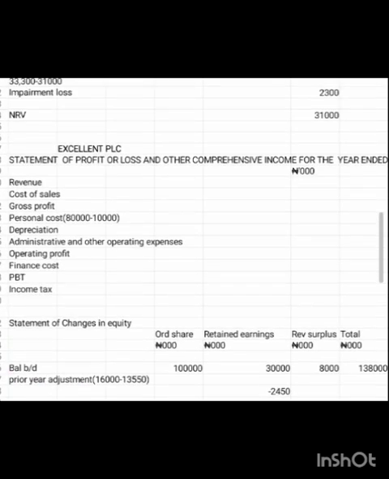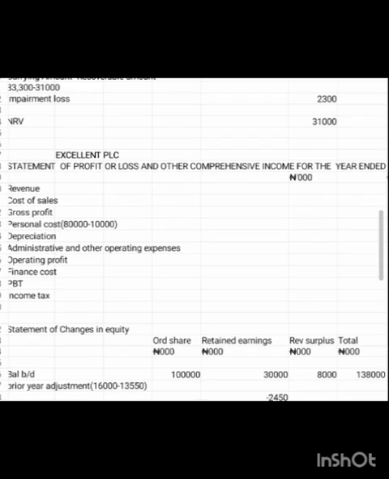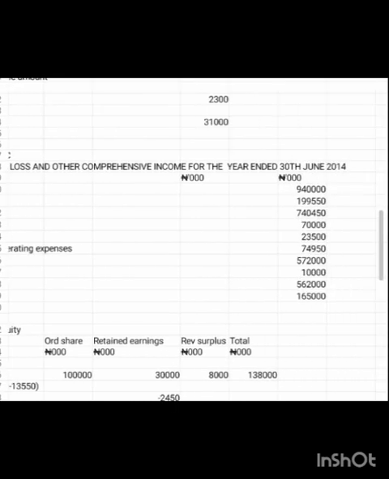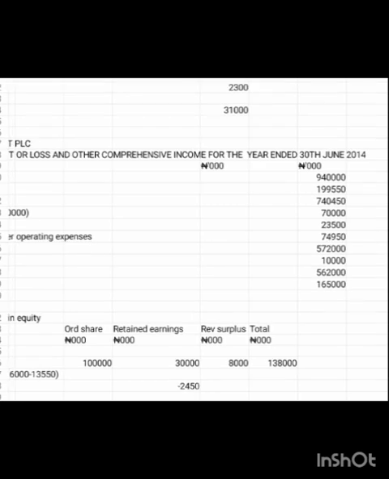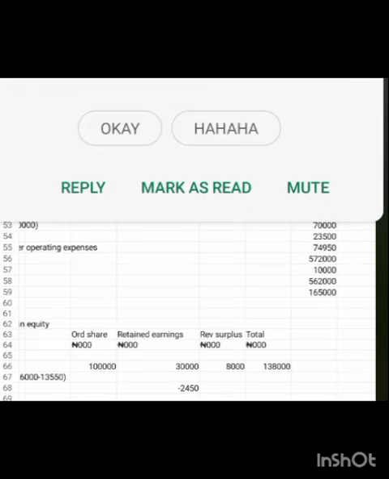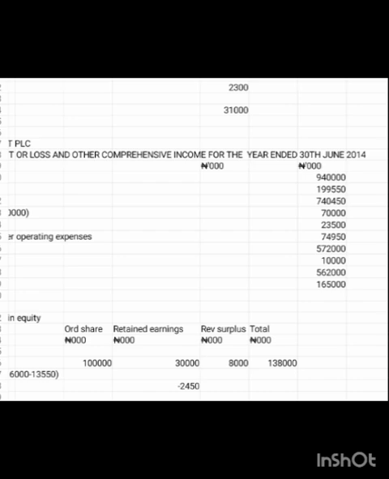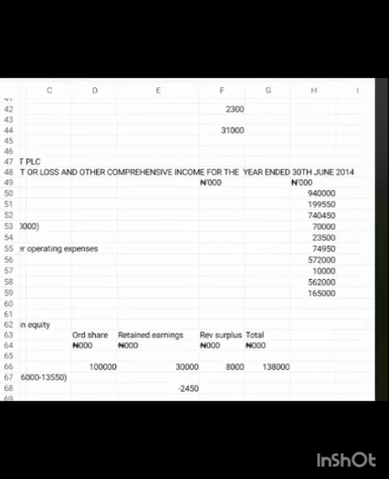So let's check our profit for the year. Profit before tax is 562,500. We have paid tax of 165,000, so let's subtract it. If we subtract 165 from 562, we should have 397,000.